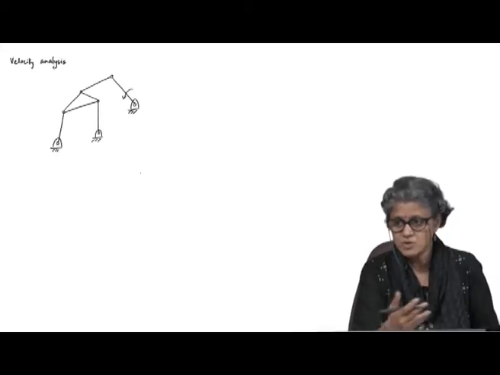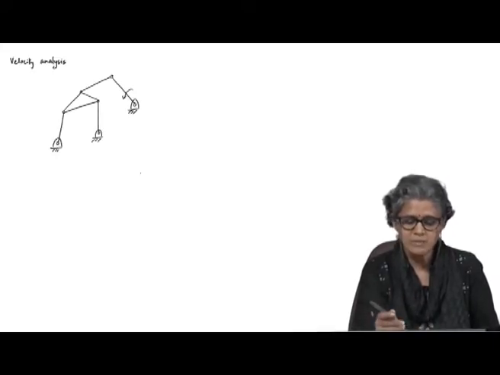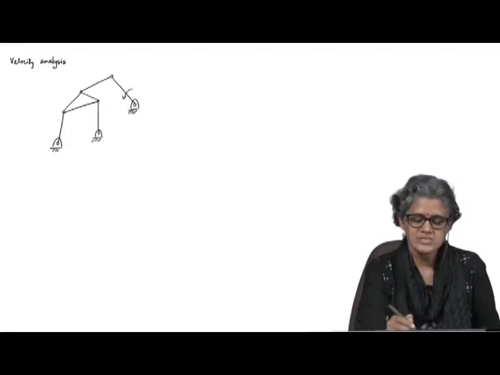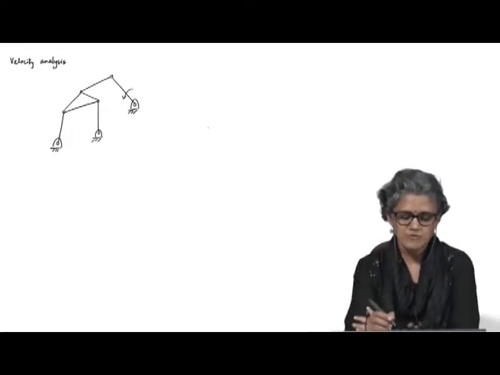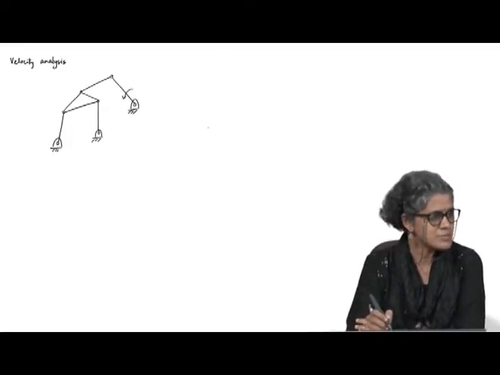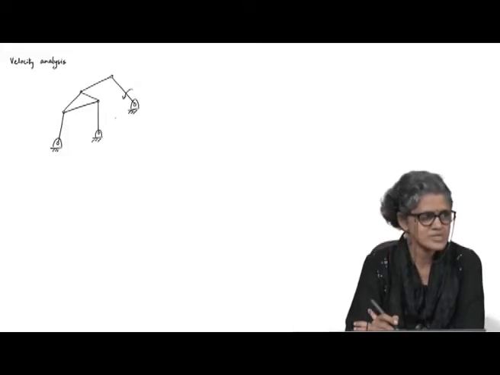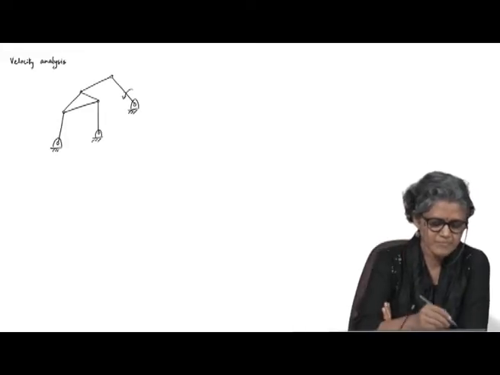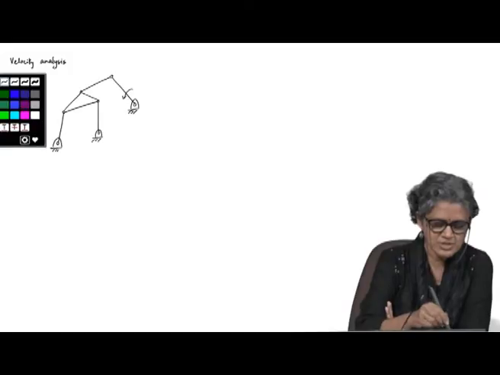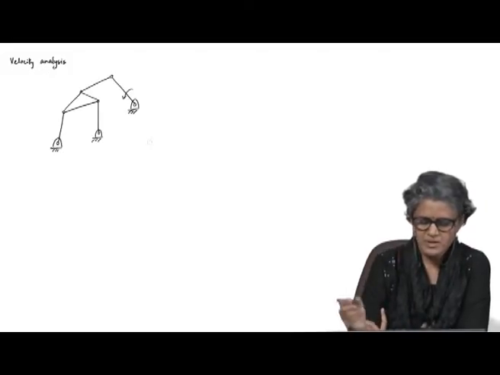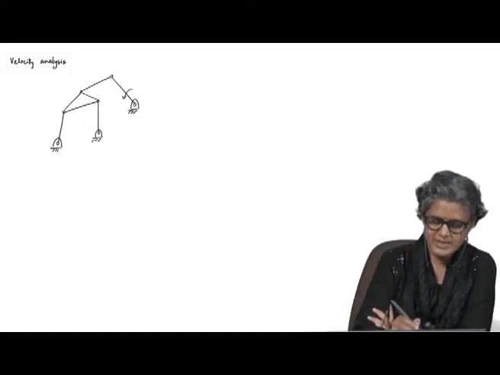Yesterday of course, we saw a mechanism where that would also not help, but in this case inversion would help to solve for the velocity analysis. Of course, the auxiliary point method also gives you a direct way of solving it without using inversion. So, now we look at the loop closure equation to solve this analytically.